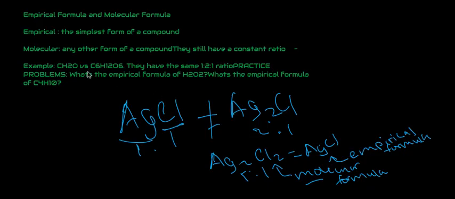Here I have another example, CH2O versus C6H12O6. This would be your molecular, and that would be your empirical, because you can divide all of these by 6 to get CH2O.